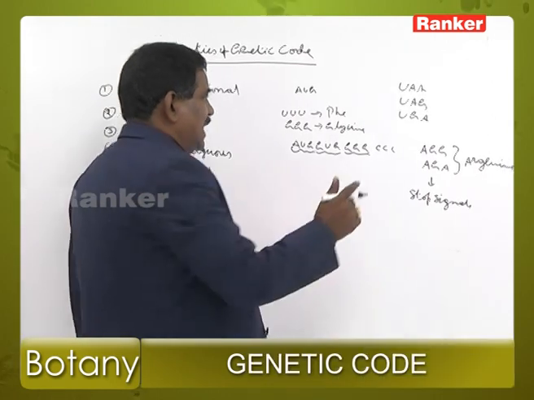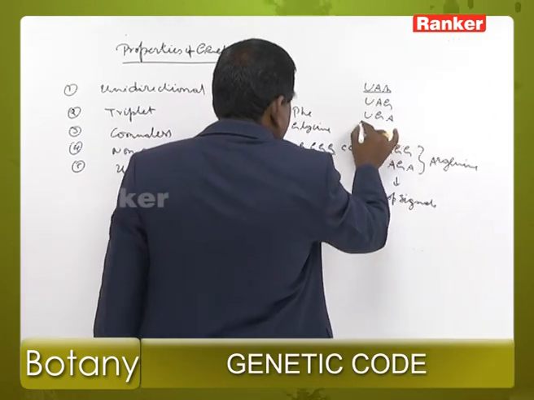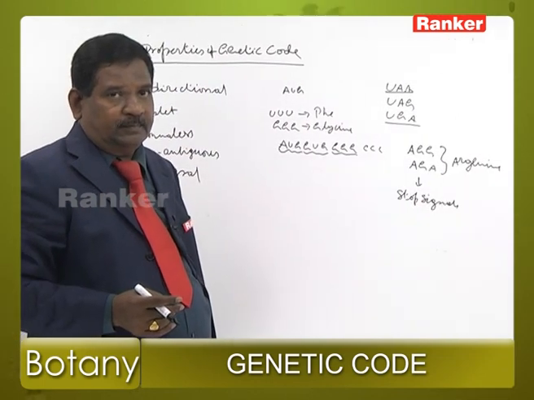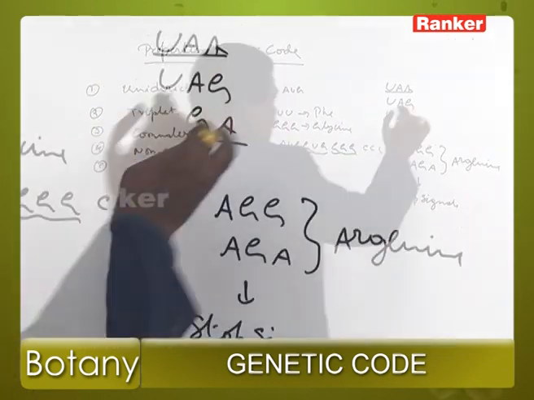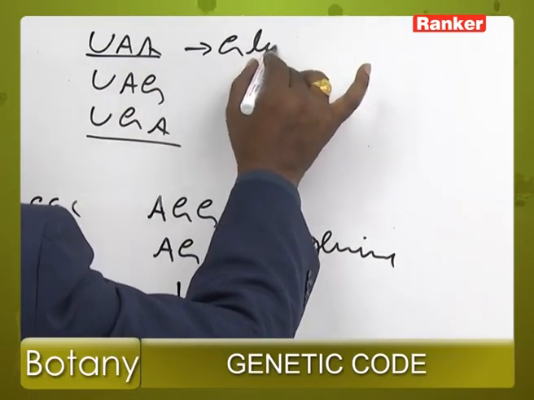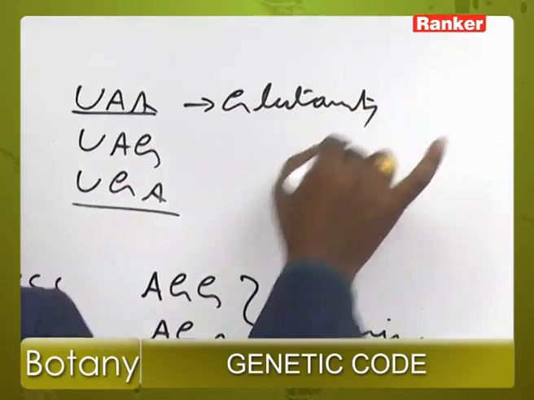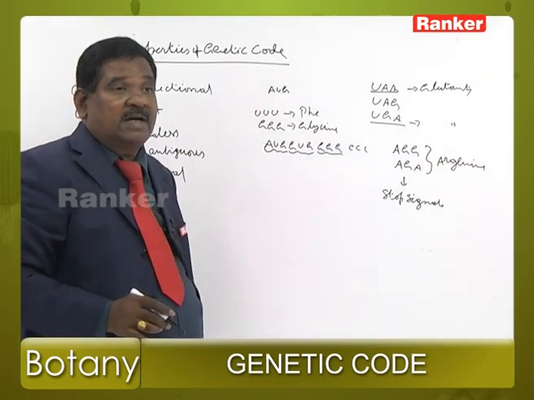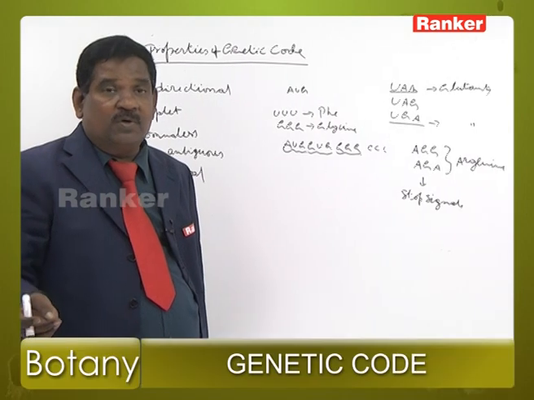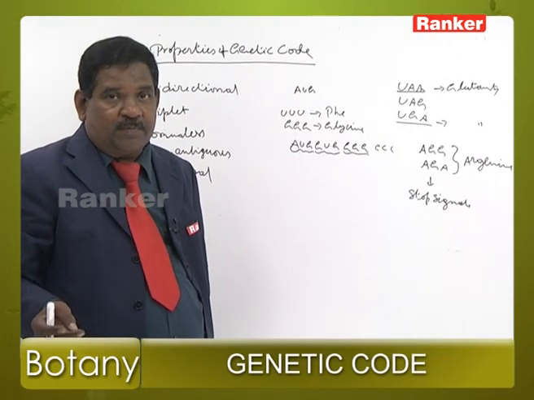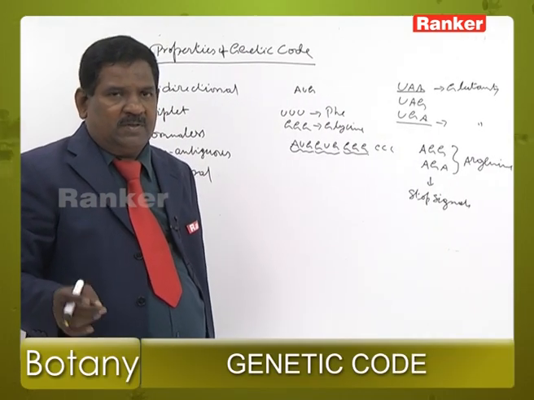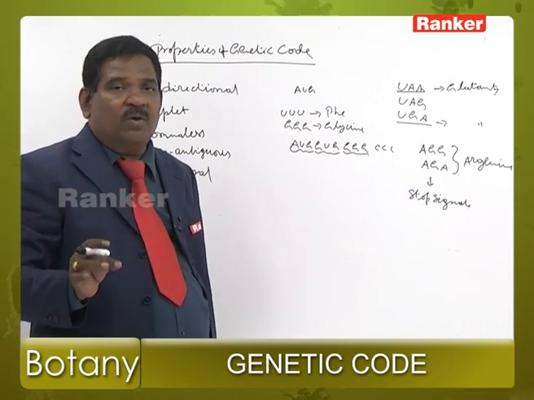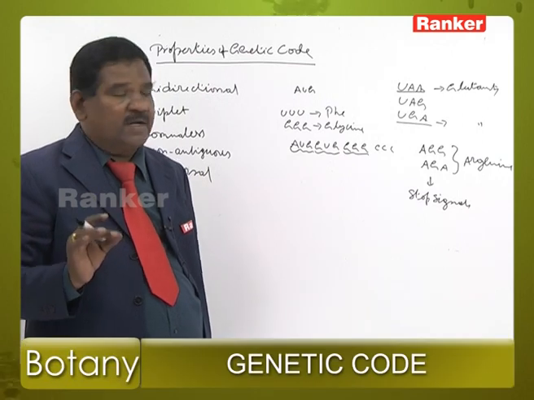And stop signals like UAA and UGA recognize glutamate in the case of some ciliates, protozoans. So these are some exceptional cases, but in most organisms one codon recognizes one type of amino acid only.